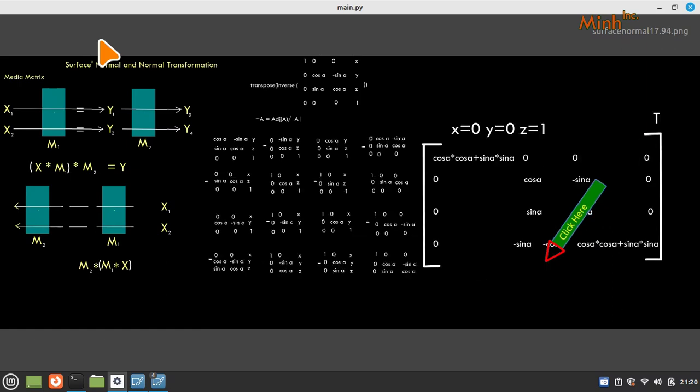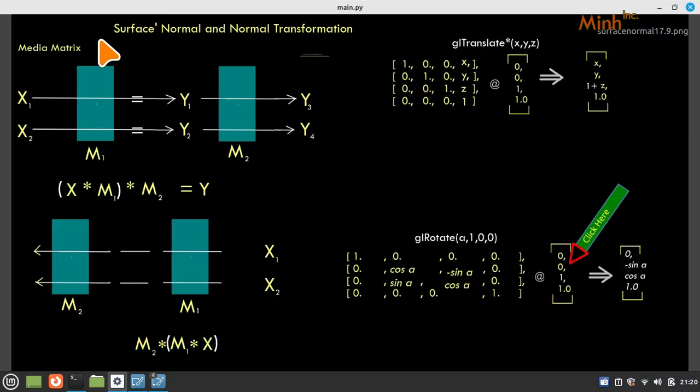Minus sine A cos A, minus sine A cos A. And if we see the matrix, it is exactly same if I leave the fourth row. So fourth row, if I exclude, then top three rows are same. And that's why we are getting same thing.